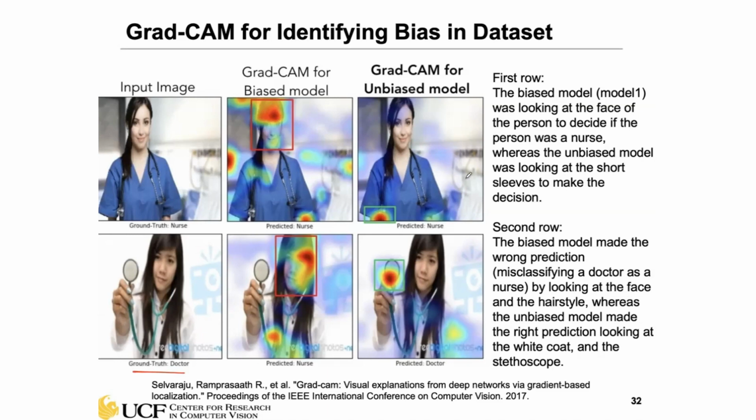And for the second example, this is the unbiased model. Instead of looking at the face region, it looks at the short sleeve. Still, I'm not sure if this is the correct pattern we should be looking for to predict a nurse, but definitely it's not that biased, right?